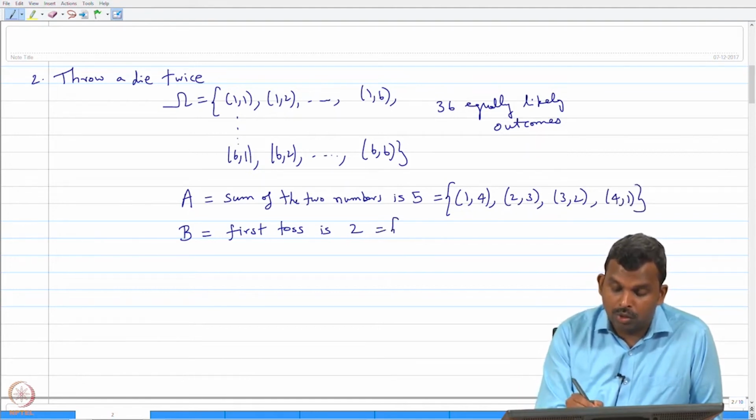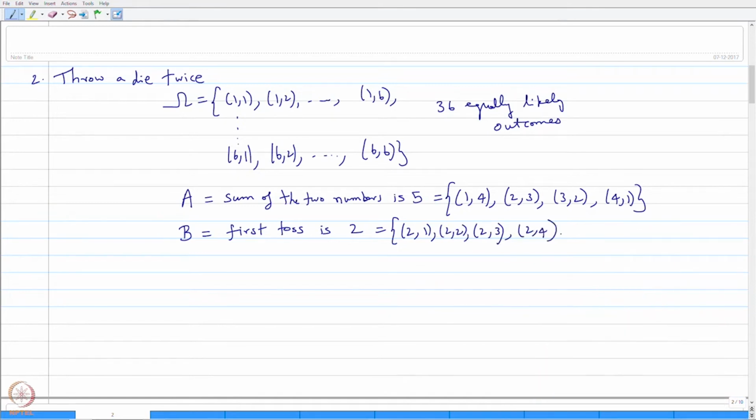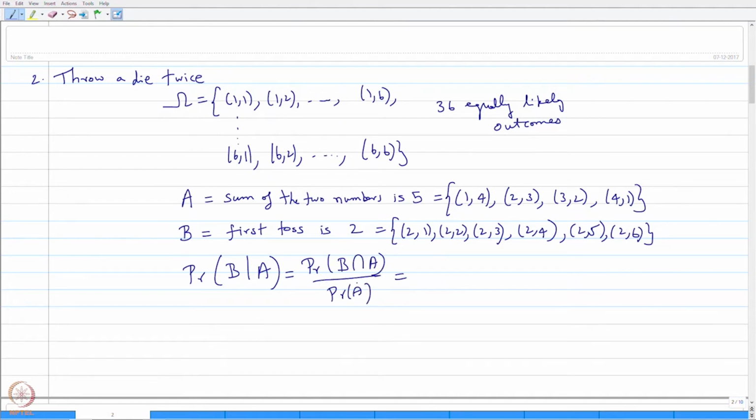First toss is 2. You actually have 2 comma 1 possible, 2 comma 2 possible, 2 comma 3, 2 comma 4, 2 comma 5, 2 comma 6. I am going to ask for the probability of B given A. Going by the basic definition, this is probability of B intersect A divided by probability of A. B intersect A is what? There is only one element in the intersection of B and A. This 2 comma 3 is the only common element, everything else is not there.